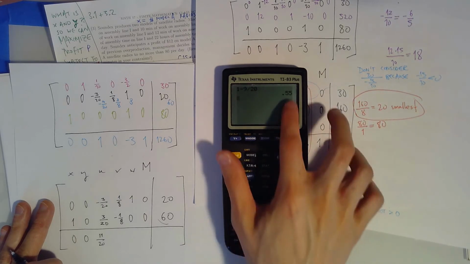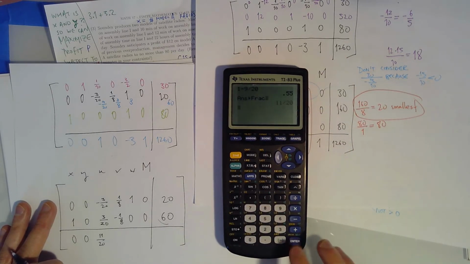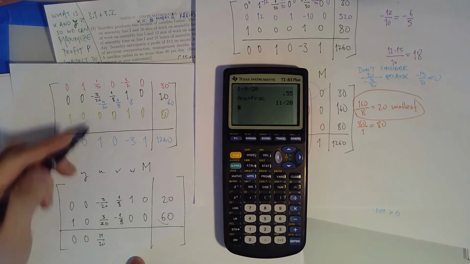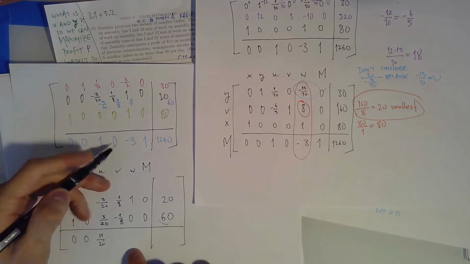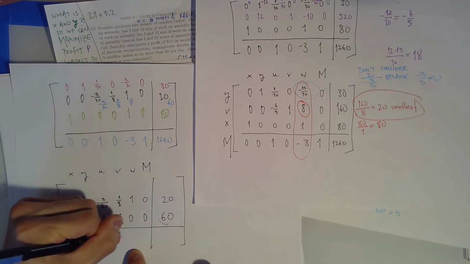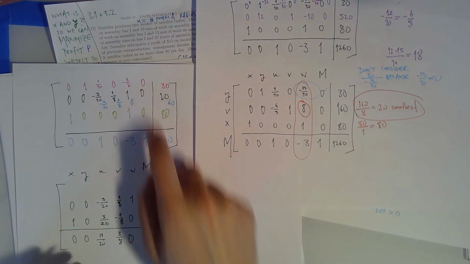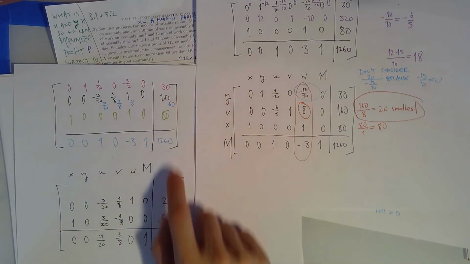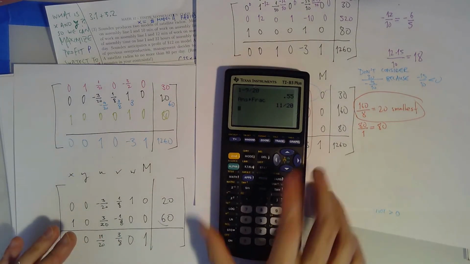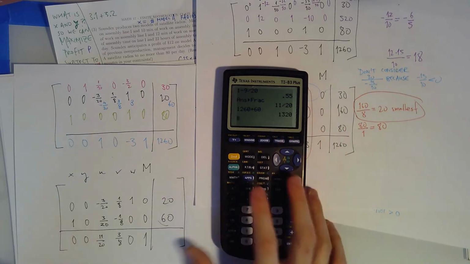I know that gives you a decimal, but if you click on math, and then frac, and then equals, if you have a TI calculator, that gives you 11/20. Okay, 0 and 3/8 is 3/8. This is 0 because we want it to be 0, and then 1 and 0 is 1. And then here, 1260 plus 60 is 1320.